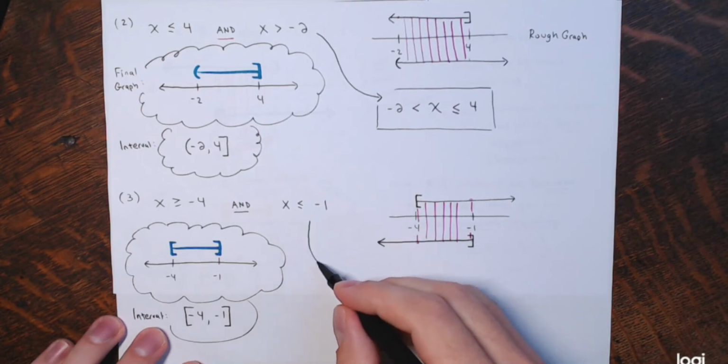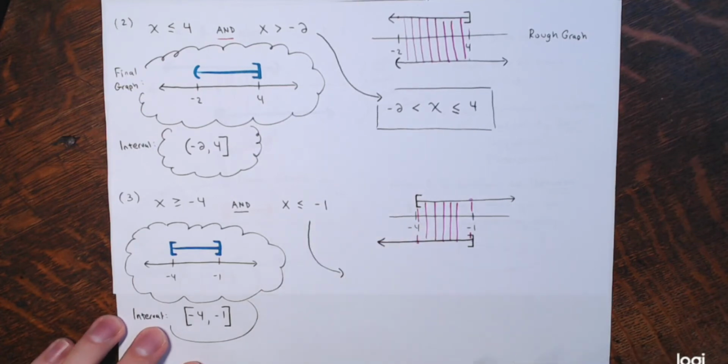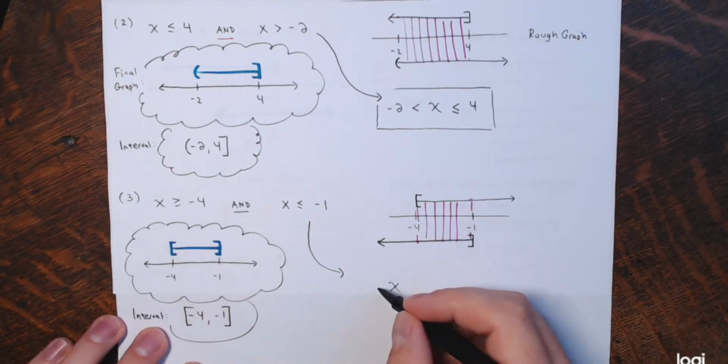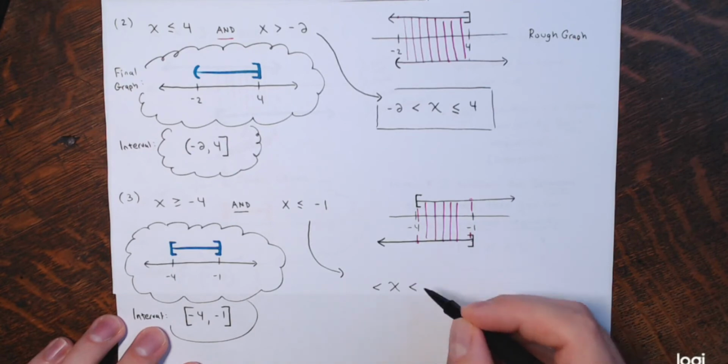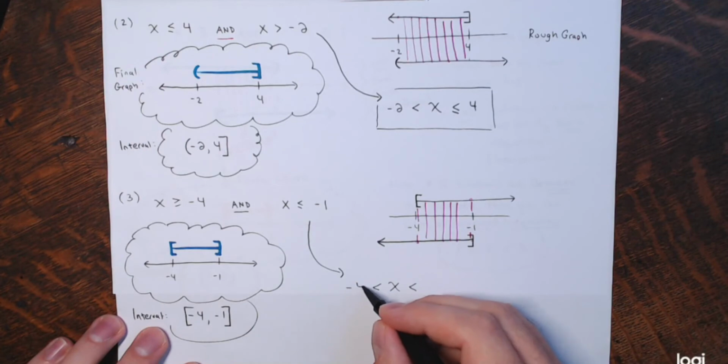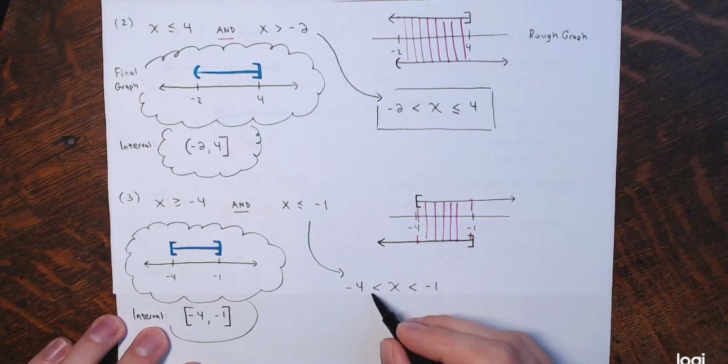And additionally, if you want, because the solutions are between two numbers, we can make a connected inequality. I can say the values of x that satisfy this compound inequality are between -4 and -1, and including both of them.